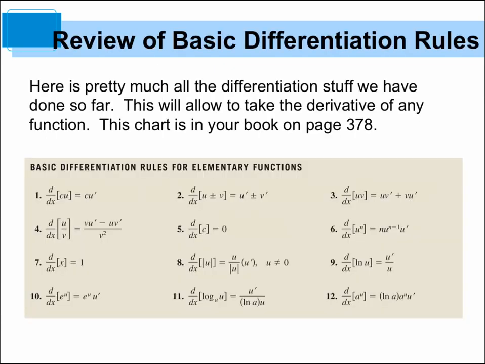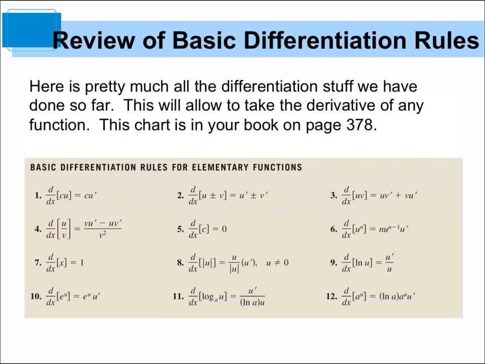There are 24 of them. Woohoo! All of these 24 things are all variations of derivatives that we've done already. Some of them should be burned into your brain by now. For instance, number 5. Derivative of a constant is 0. Number 6.